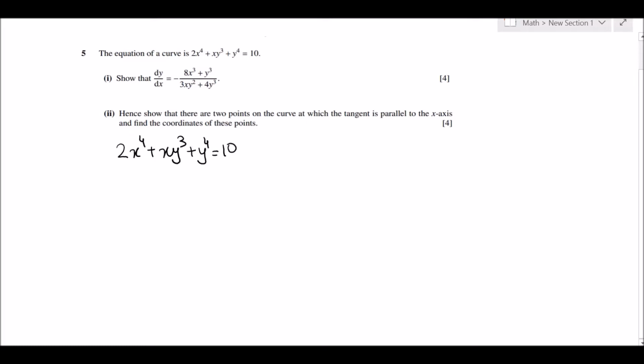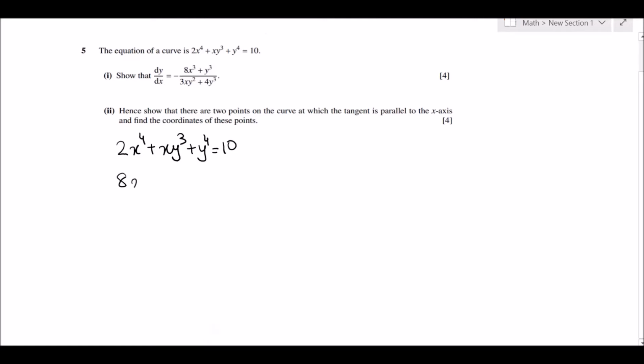Now, the derivative of 2x to the power 4 is 8x to the power 3, and now we are going to find out the derivative of x y to the power 3.